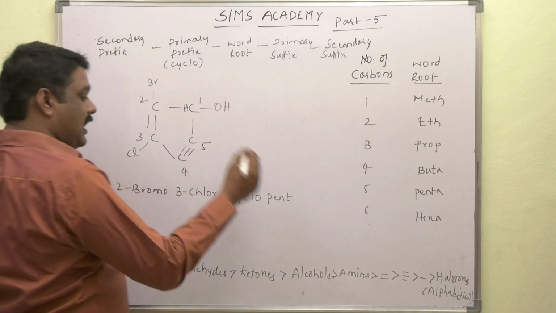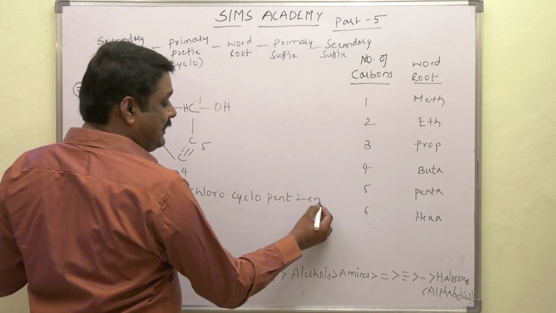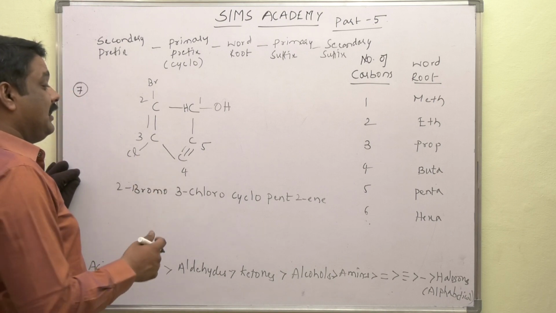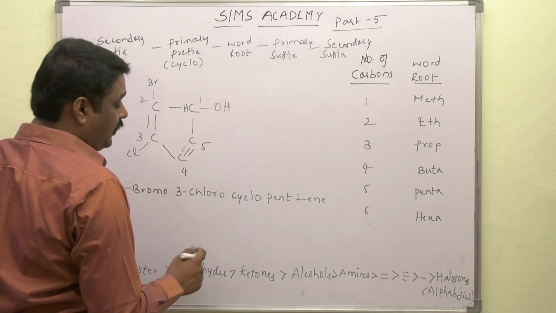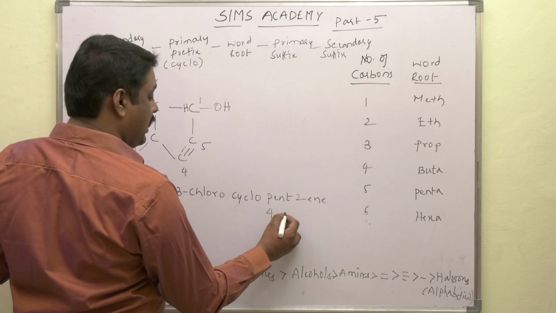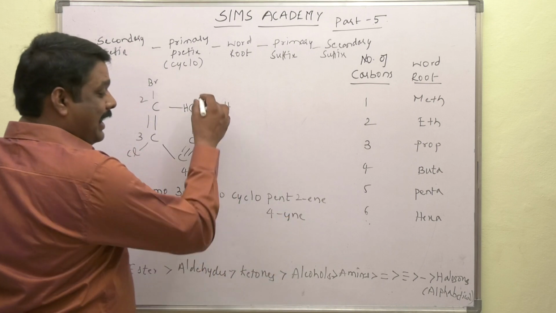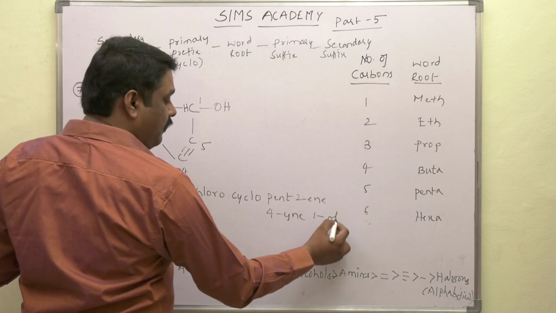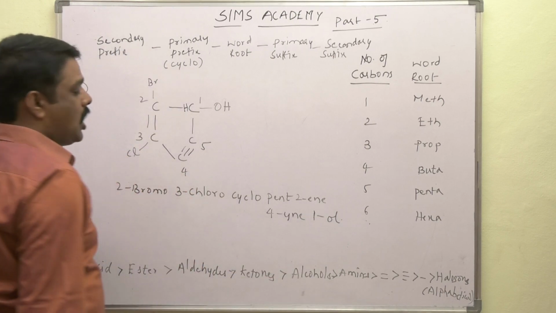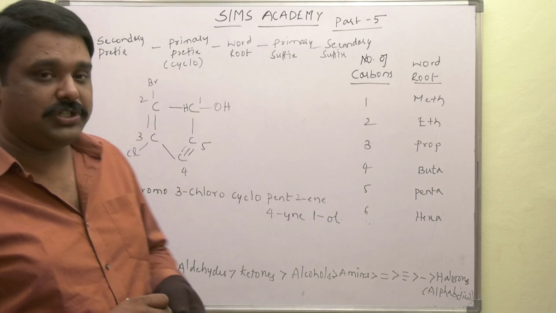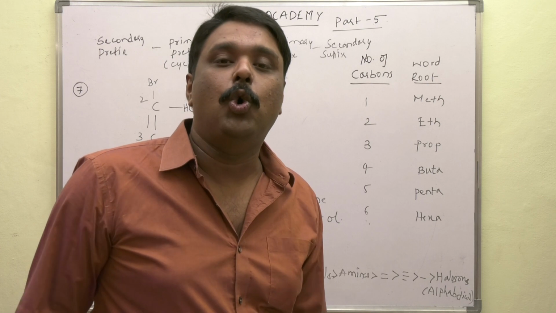At 2 and 3 carbon atoms, we have ene. Between 4 and 5, we have ine. And at the first carbon we have the alcoholic functional group, hence we mention 1 ol.